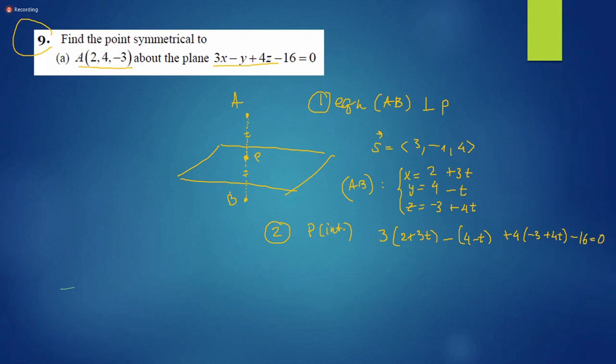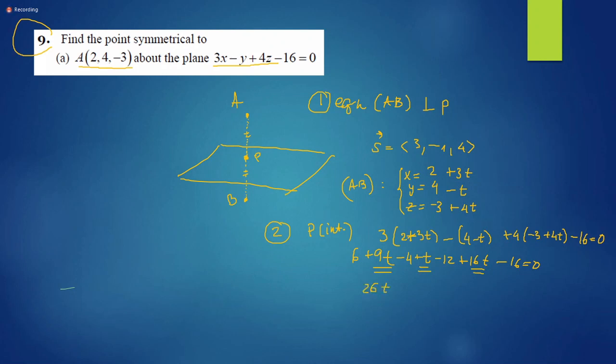So we have 6 plus 9t minus 4 plus t minus 12 plus 16t minus 16 equals 0. 9, 1, 16, that's 26t.